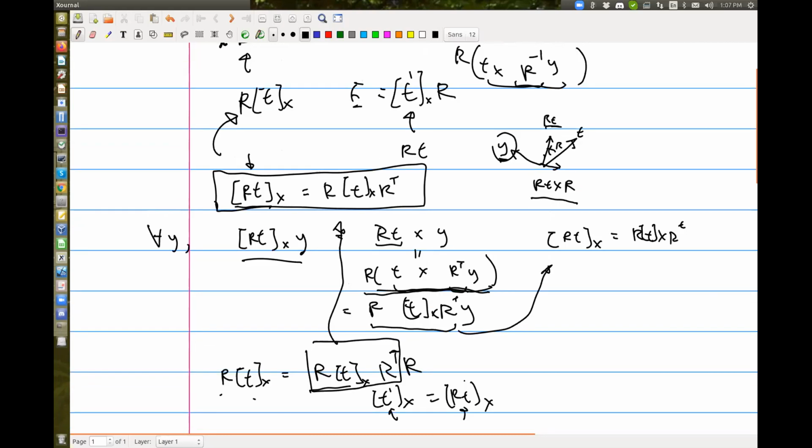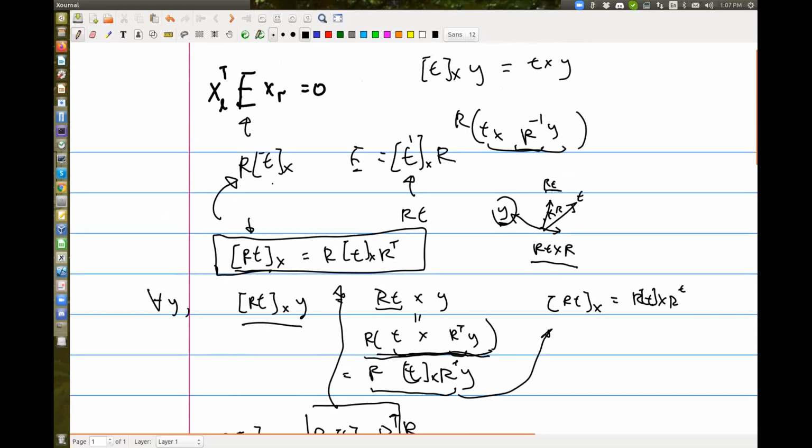Therefore, if you see books that, in the other formulation, expand this essential matrix as T prime cross times R, know that both are correct, and the R is the same, but the T prime in the other representation is actually equal to the RT in our notation. That's just a remark to elaborate on what we talked about last time.